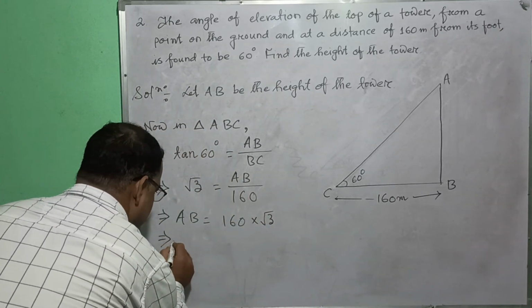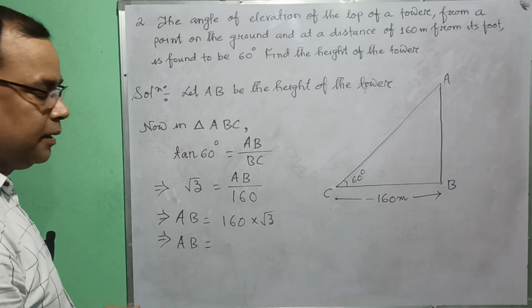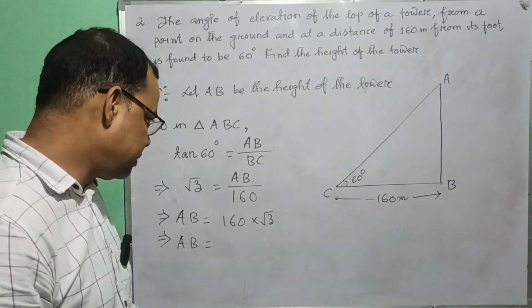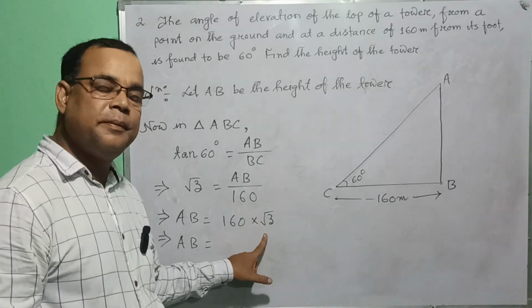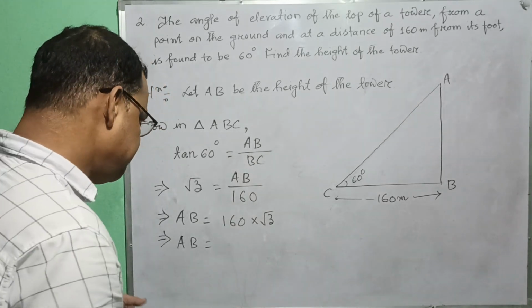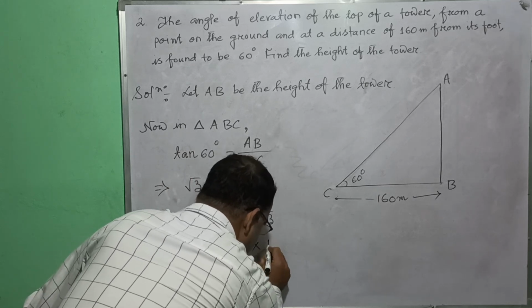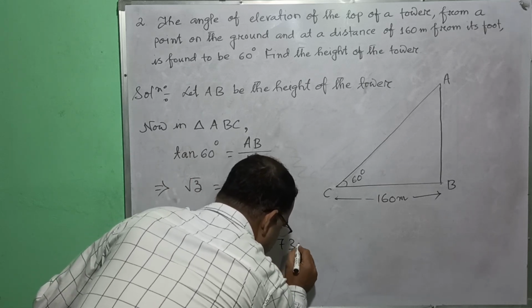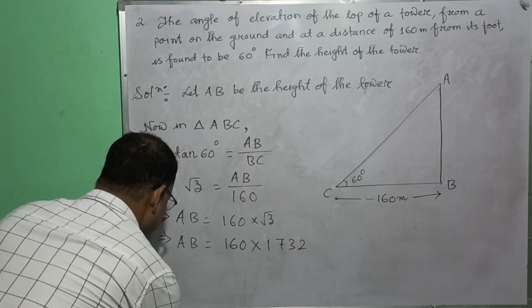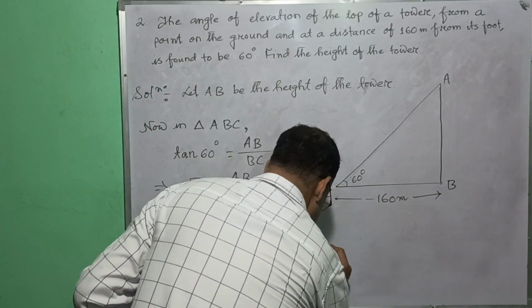Sometimes the value of root 3 is given in the question, and if it is not given, you can put it 1.732. So we'll write 160 into 1.732.